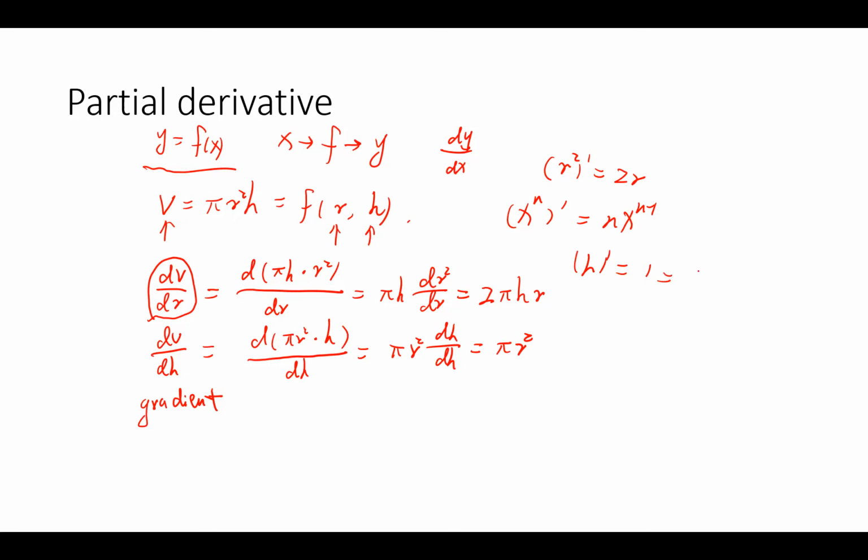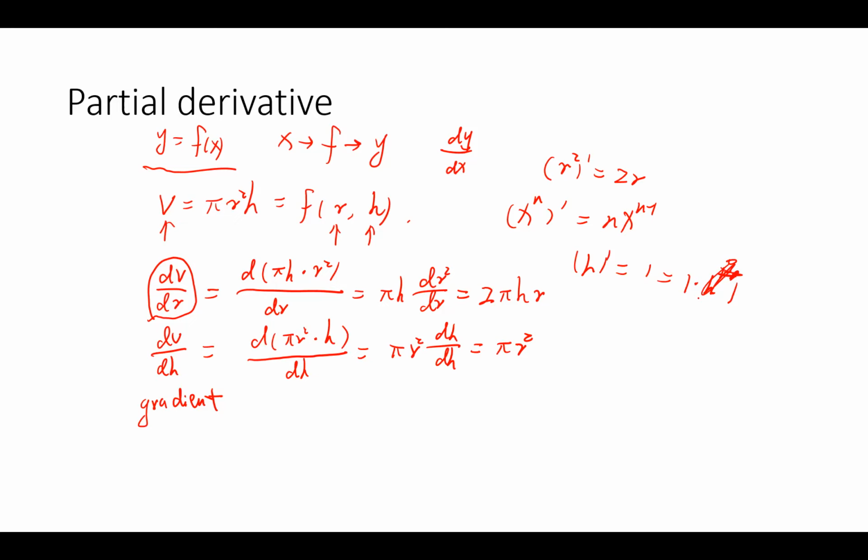Why? Because the derivative of h is 1 multiplied by h to the power of 1 minus 1, which is h to the power of 0, and anything to the power of 0 is just 1. So this becomes 1. All right, so this is the partial derivative.